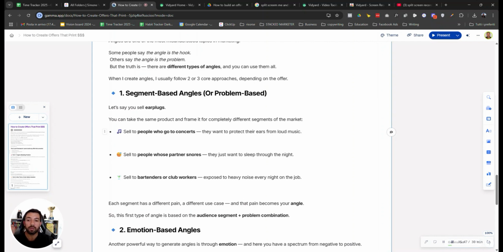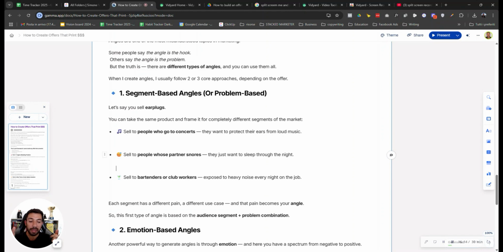You can sell to people whose partner snores and they buy it just because they want to sleep at night. Or you can sell to bartenders or club workers who are exposed every day to heavy noise, and they need this to sleep at night, because otherwise they go home late and cannot sleep because they still feel the freaking music in their ears, or they can damage their ears.